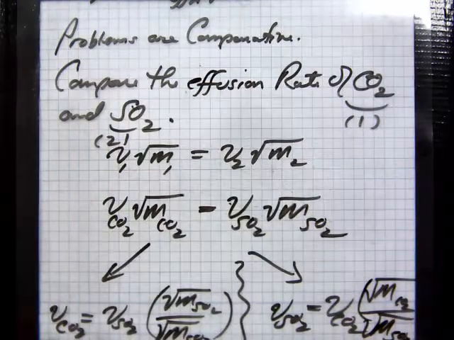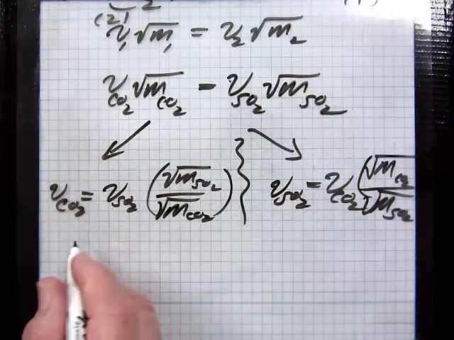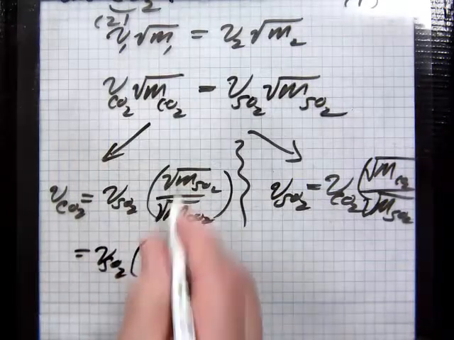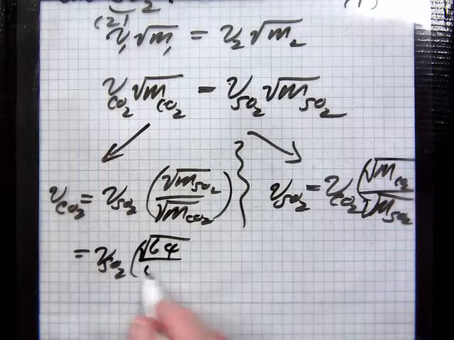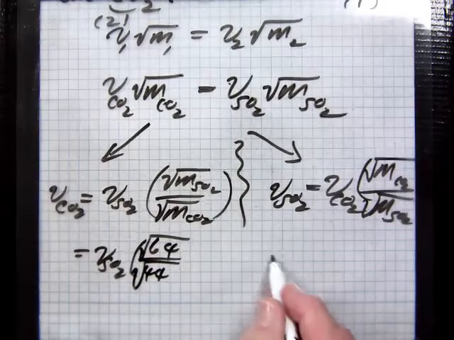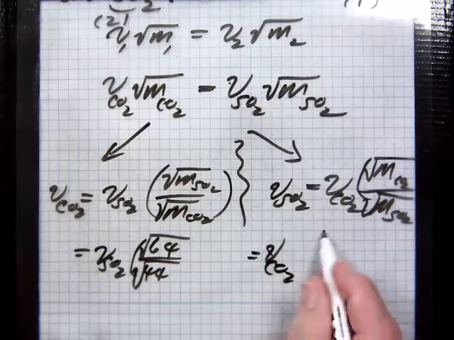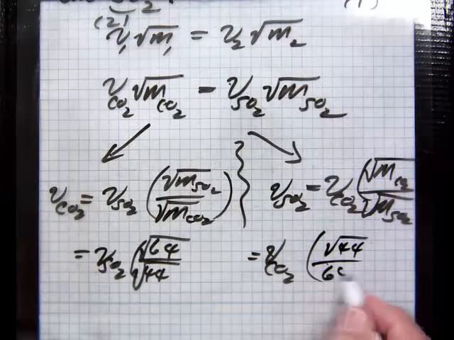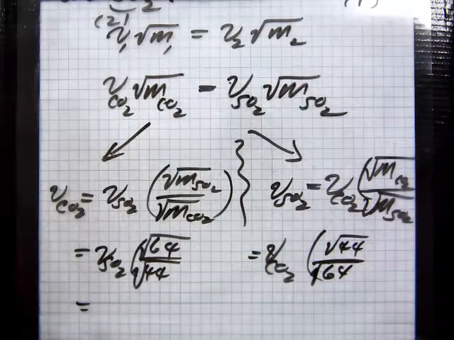So if you plug in the values for mole weight and so forth, then you have velocity of SO2 times the square root of SO2, that's 64 over 44, and you have velocity of CO2 on the reciprocal of that, like that, and I don't remember what the numbers come out.